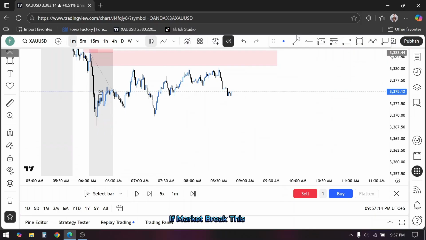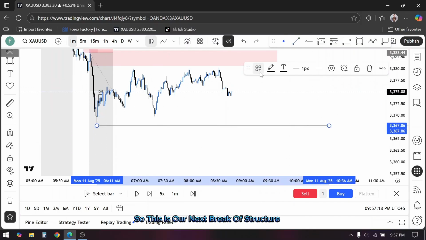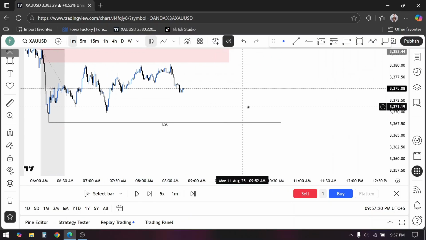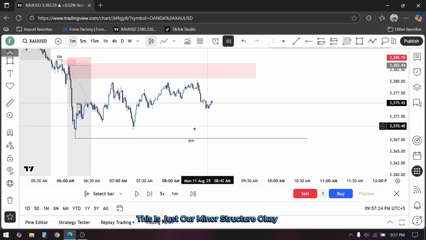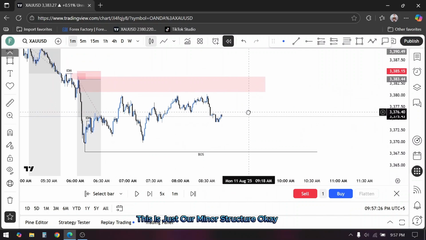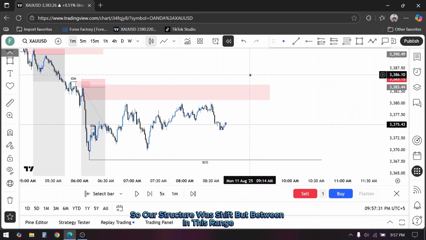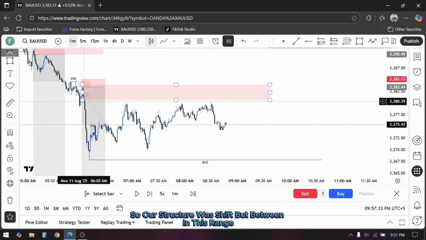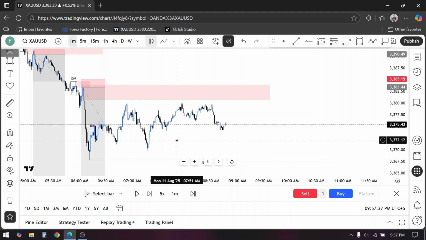If market breaks this, this is our next break of structure. But in this range, this is just our minor structure. If market breaks this high, our structure was shifted. But in this range, this is our minor structure.